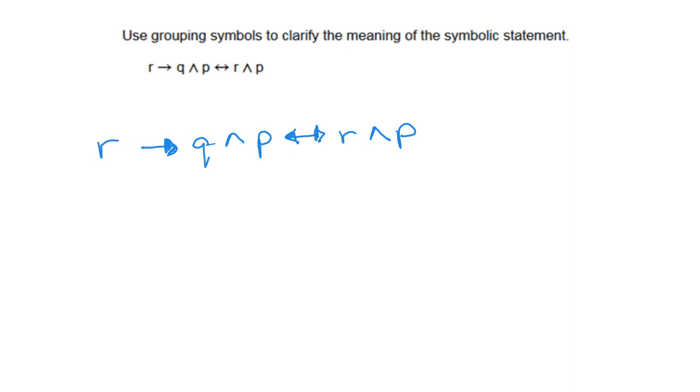And right now we know that the most dominant we had is going to be our biconditional. So what we have to do in this case, and I'm going to go ahead out front here and you say group together what's in front of it and group together what's behind it.